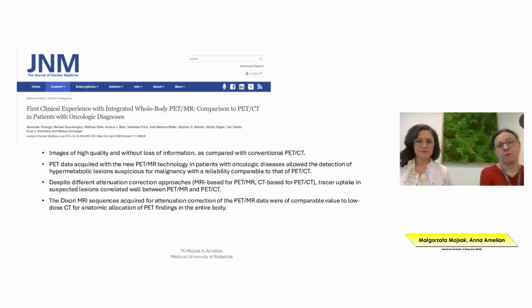And actually, the first data acquired showed that PET-MR technology in patients with oncological diseases allowed for much more detailed detection of the lesions compared to PET-CT.